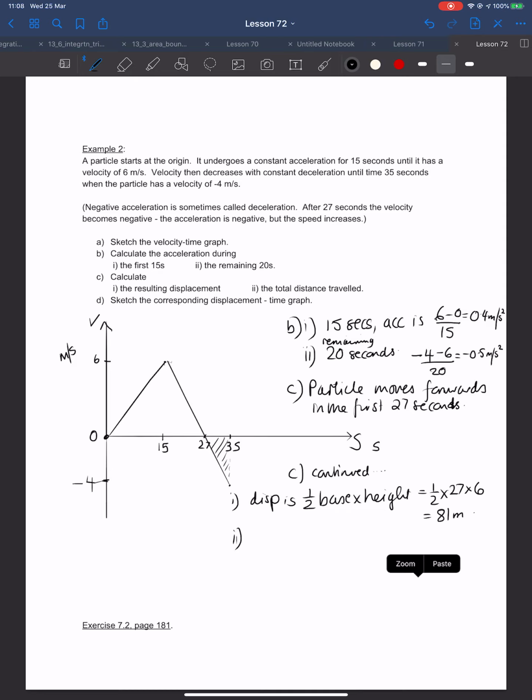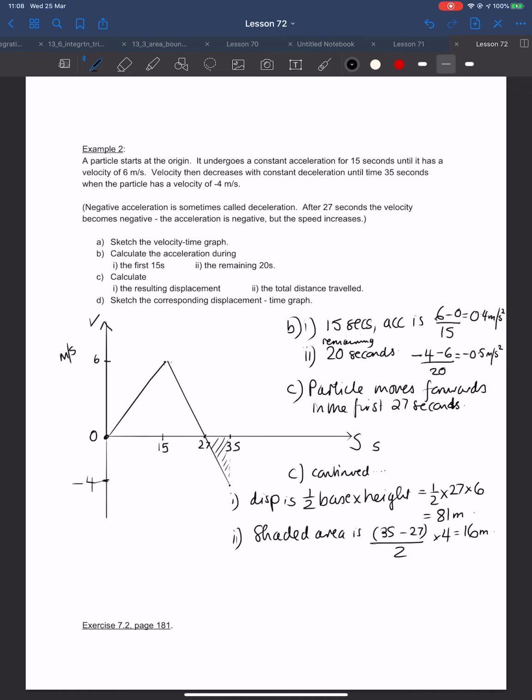I could call it the shaded area. 35 minus 27 is 8, half base is 4, times the height 4, which is 16 metres.